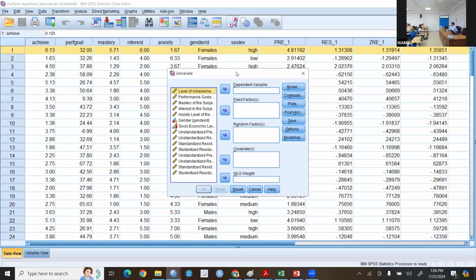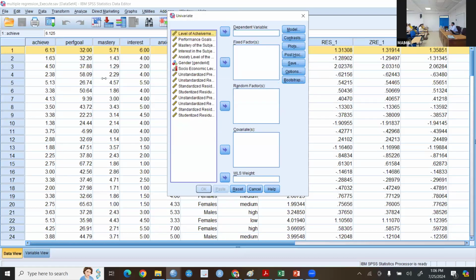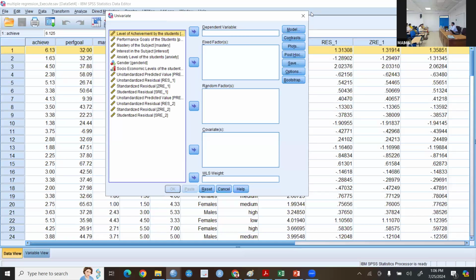Let me just expand. General linear model univariate. This is my level of achievement, CGPA.